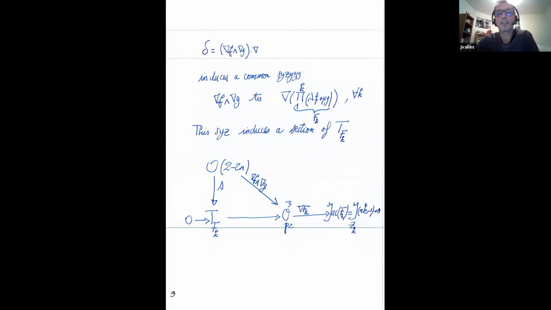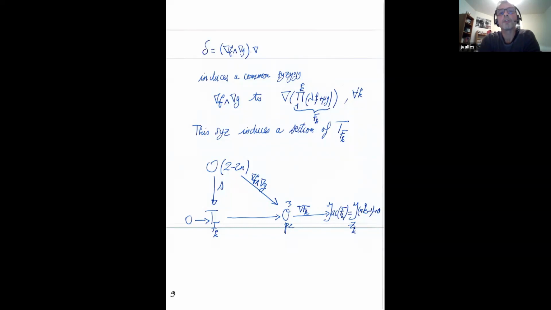And this syzygy induces a section of the kernel. You have the Jacobian map given by the derivation of the product of the K curves. The kernel is your logarithmic vector bundle in P2 associated to this union of divisors F_K. This syzygy common to all the F_K induces a section S of T_F_K.